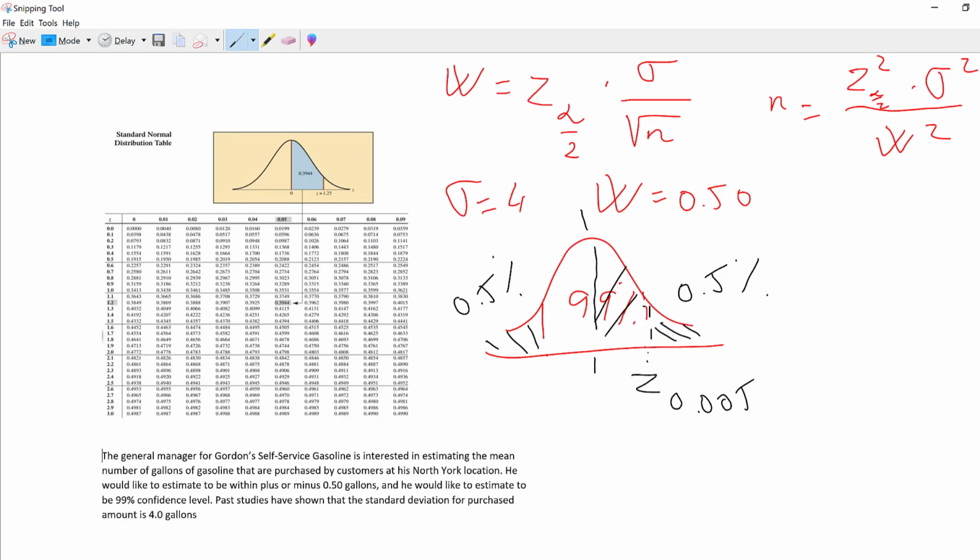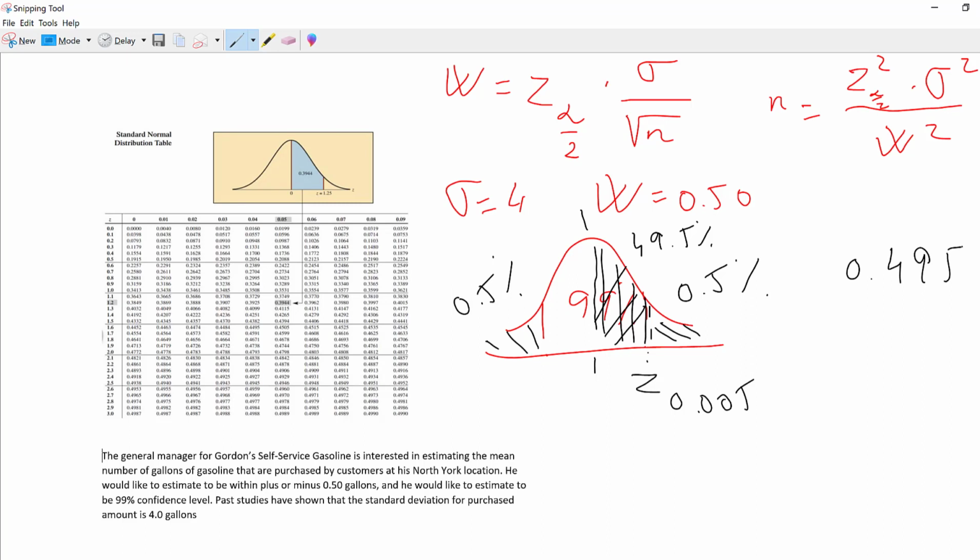So this area, because the area on the right side is 0.5%, the area between z equal to 0 and the critical value will be 49.5%.